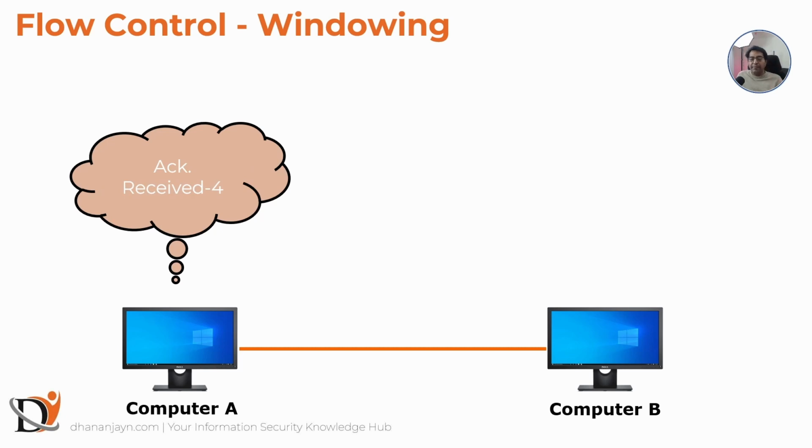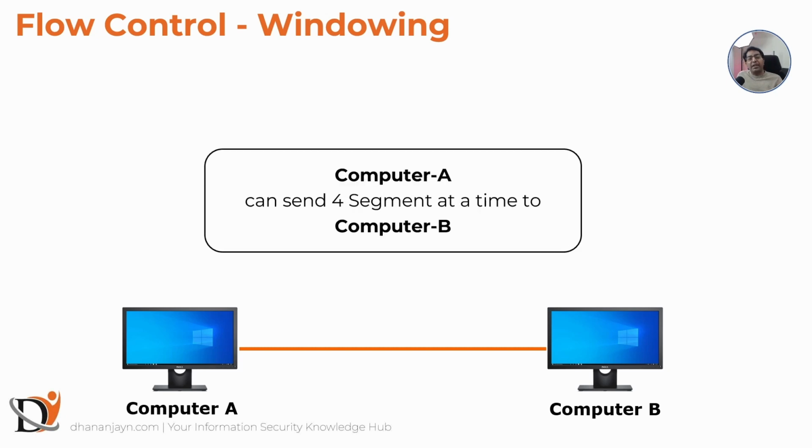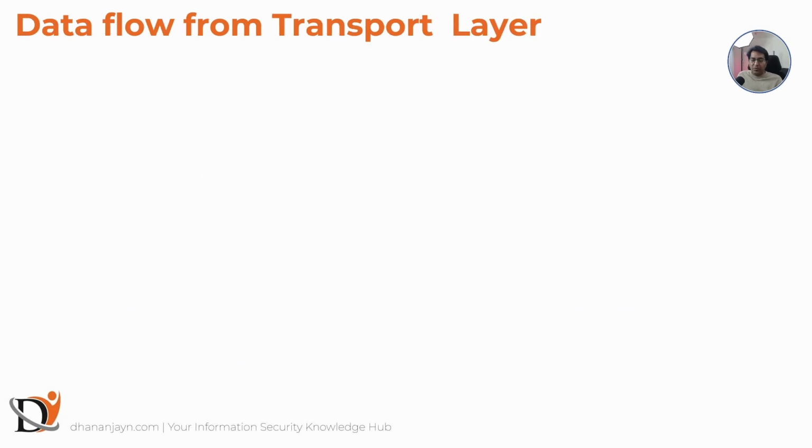So here computer A understands that it can send only 4 segments at a time to computer B. So with this we understood the concept of windowing.